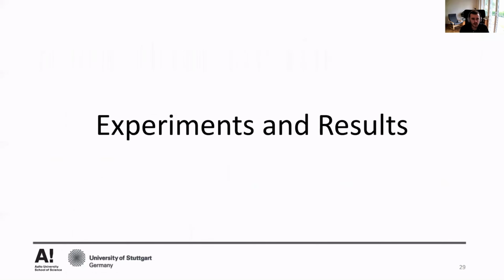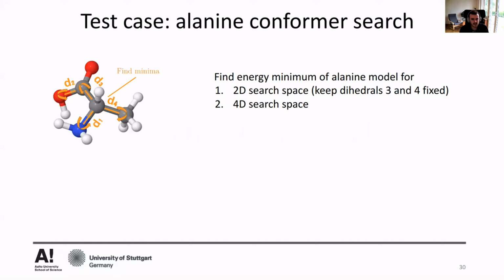So after all this theory and computational implementation work comes the interesting part, the experiments, where we will learn how well these approaches work in practice. The system I investigated, which is familiar to many of you, is the alanine conformer search task. I applied Bayesian optimization for conformer search.